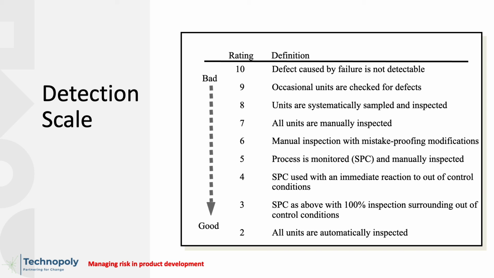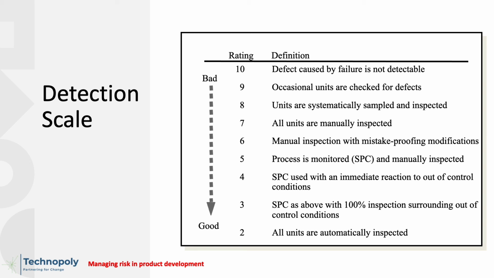Finally, for the detection, the goal here is to be able to notice the failure. So you go back to your failure mode and identify what could have been done, or is there something in the design that would allow you to see the failure. Detection is the ability of your design or something in your process that can tell you that something is wrong with your product.